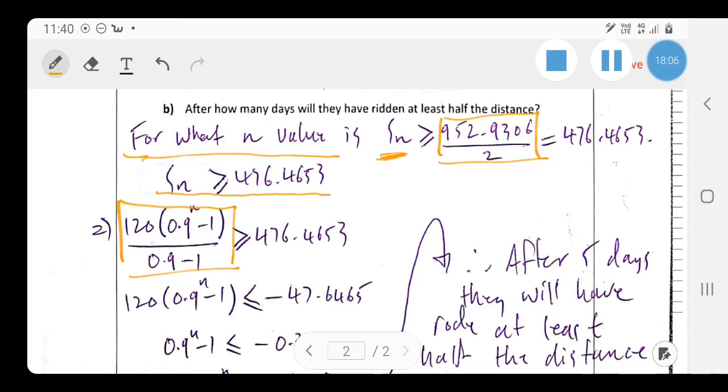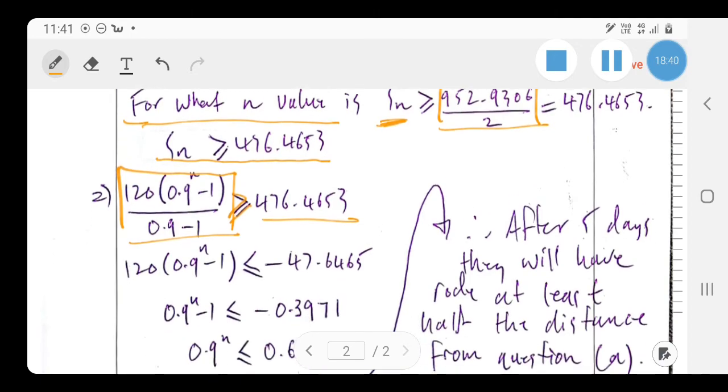So I've got my A, R to the N minus 1 over R minus 1 with the values subbed in, and then my greater than or equal to sign, that many kilometers. Now, quite honestly, at this point, you can pull out your CAS calculator and get it to determine for what lowest possible value of n the left-hand side of that inequality will be greater than or equal to the right-hand side.